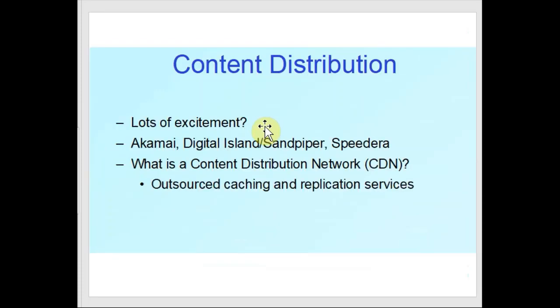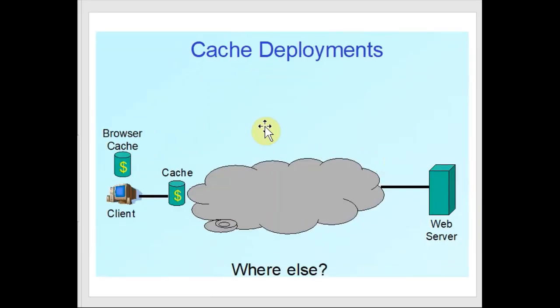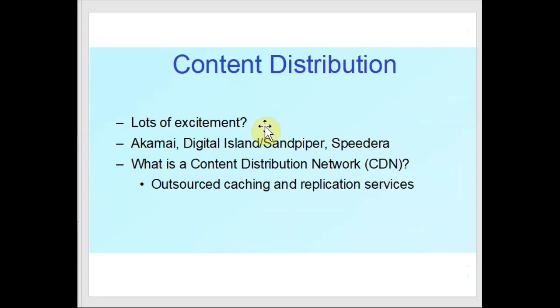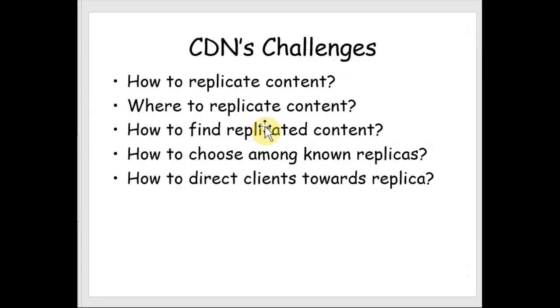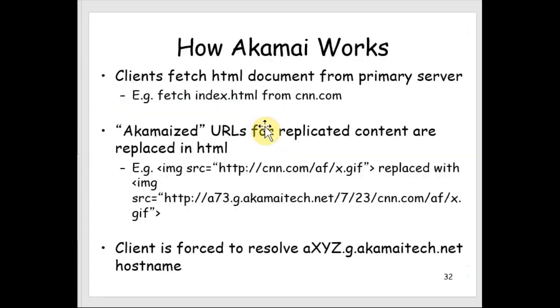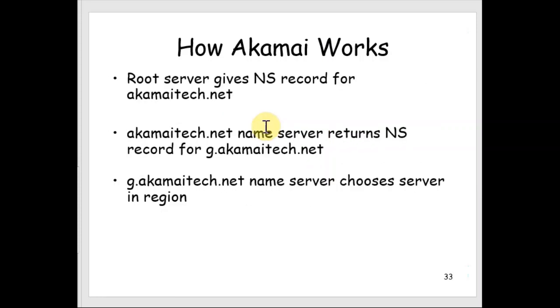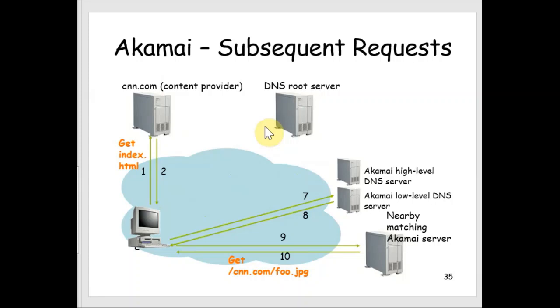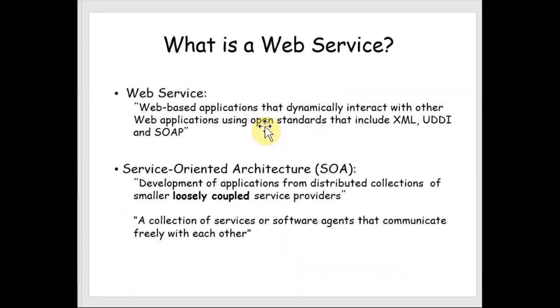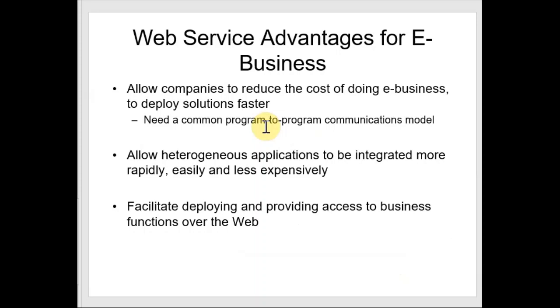Like these are the ways in which the cache can be basically deployed. One of the ways is CDN, and what are its challenges. Then an example of one of the CDNs, how it works, and the next topic will be web services.